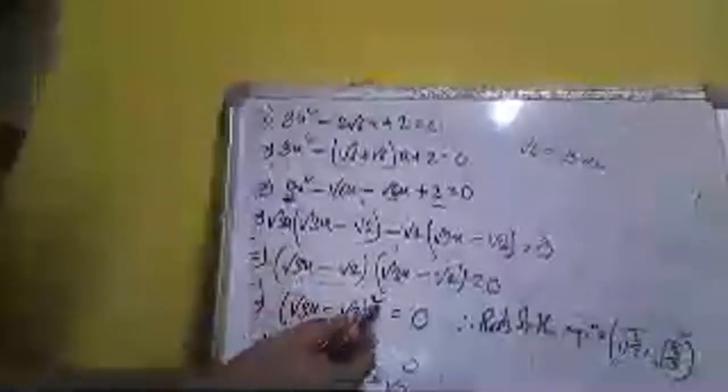Then we also write either-or, like question number 1 you did. Or here both the things are the same: root 3x minus root 2 whole square, that means root 3x minus root 2 equal to 0. Root 3x equal to root 2, that means x equal to root 2 by 3. After this much you did, when you write the conclusion, the roots of the equation you write root 2 by 3 and root 2 by 3. Understood or not?